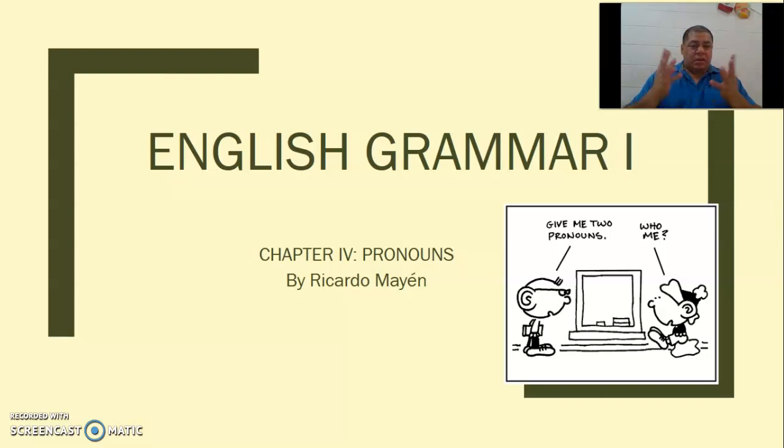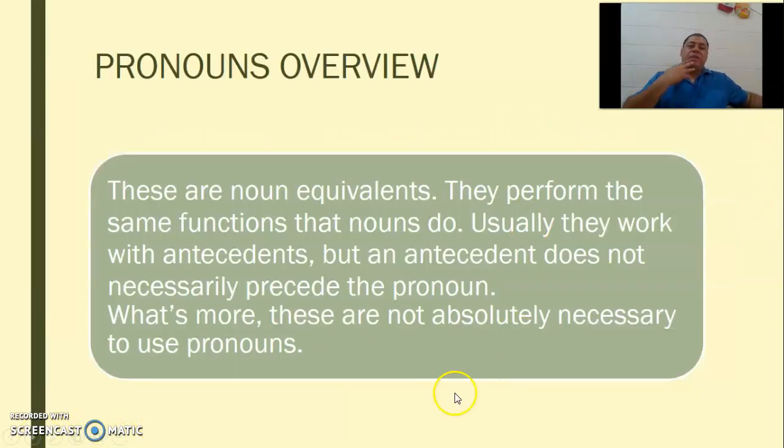Well, let's talk about pronouns per se. Here we go. This is an overview of the pronouns. What are pronouns? As I told you, they are noun equivalents.